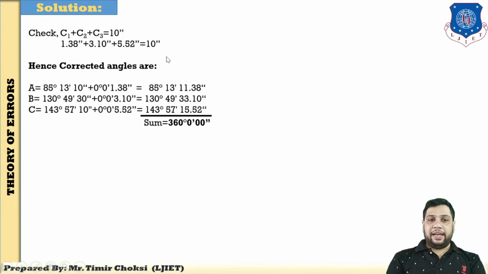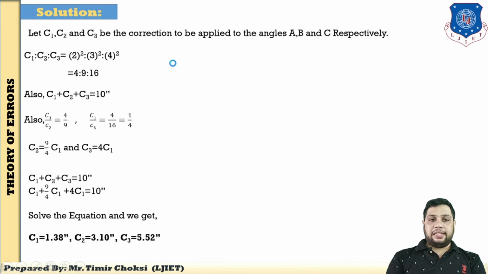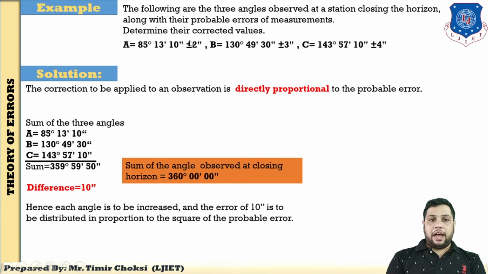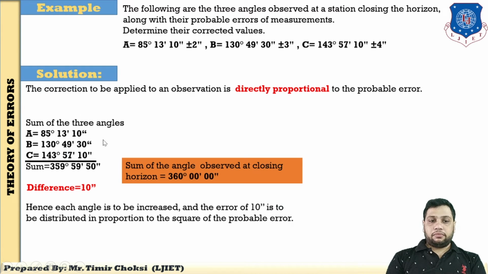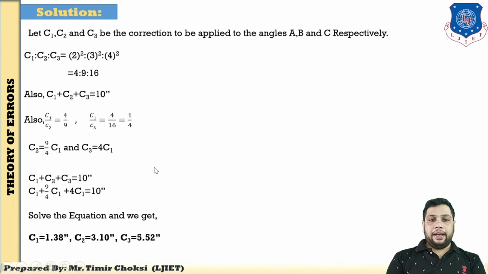So after the checking, the last step in the example asks to determine the corrected values of the angles, not the corrections. So here are the corrected angles of A, B and C. You know that the observed angles are 10 seconds less in total, so we have to add the correction.